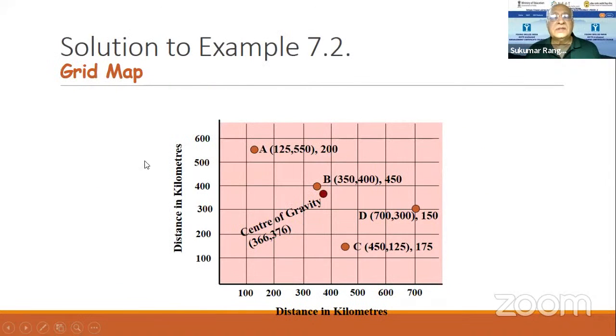This is a Cartesian thing, distance in kilometers, and he has found that the center of gravity is in this coordinate, the best point. But of course, there may be other factors, it may be on top of a hill. It doesn't mean that you'll have to put it there. So you have to take into account other factors to go to a feasible location nearer to the point of gravity.